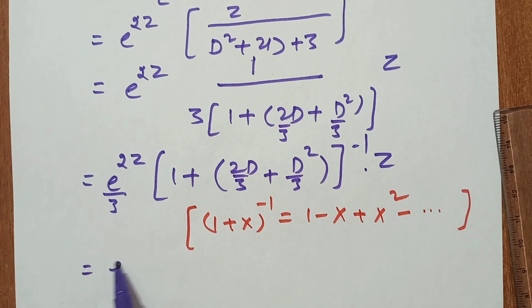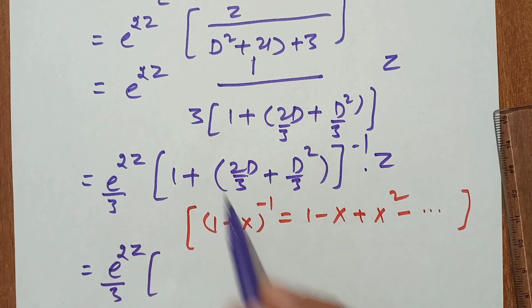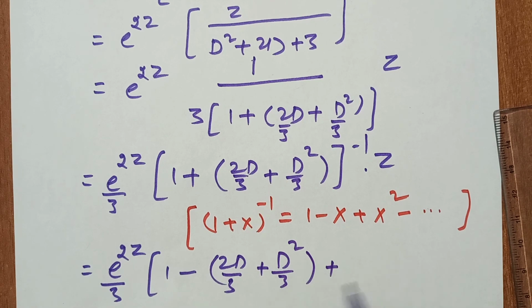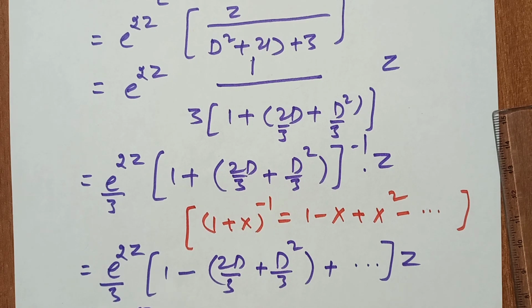So this equals e^(2z)/3 times [1 − 2D/3 + D²/3 + x² and so on], where x² means this thing squared. Since the power of z is 1, this is valid only for D. So this equals e^(2z)/3 times [z − the differentiation of z with respect to z, which is 1, so − 2/3], and all the other terms will be 0.